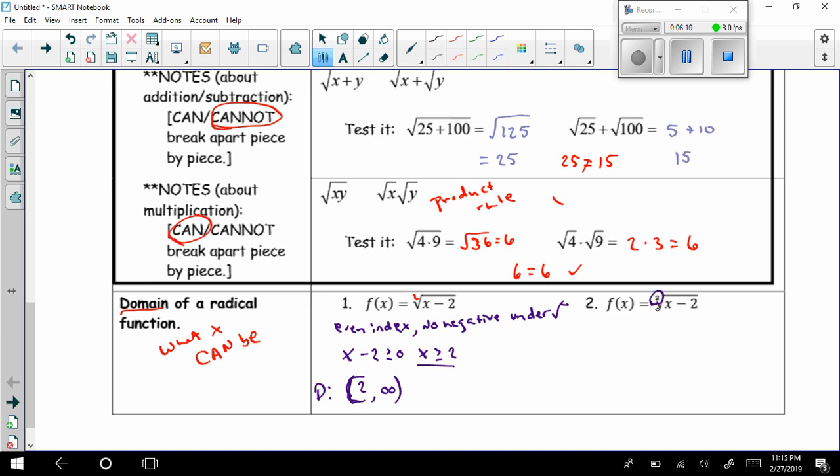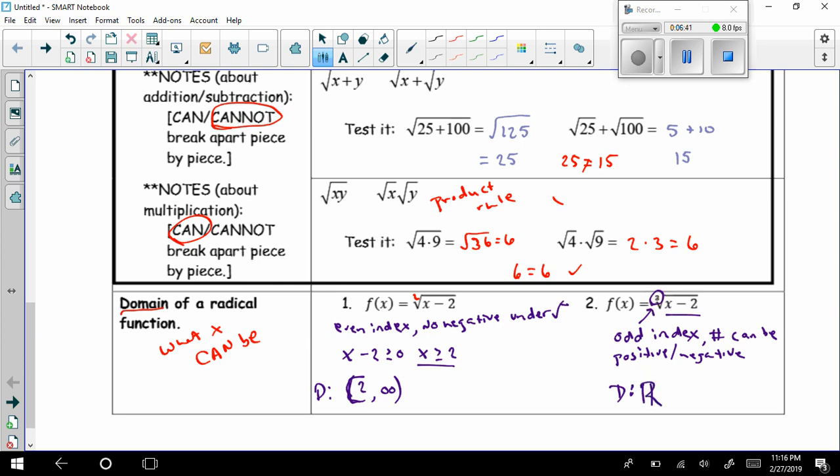For an odd index, the number underneath doesn't matter. So it can be both positive or negative. Right? So the domain for odd index is always just all real numbers.